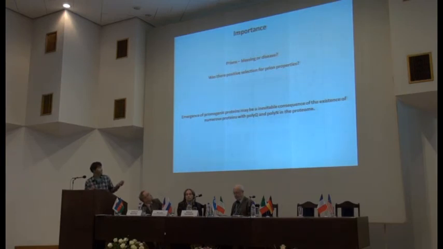Our hypothesis indicates that possibly emergence of prionogenic properties was an inevitable consequence of the existence of numerous proteins with polyglutamine or polyasparagine domains in the proteome. Indeed, proteins like this, in some organisms, can take up 10% of the proteome, while in others, several percent. So they're very common.